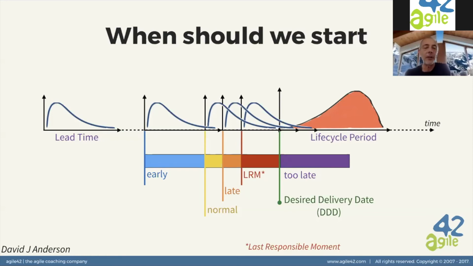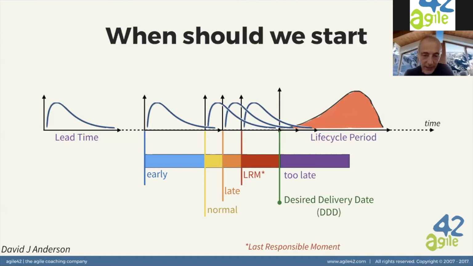In the early case, the blue one, you see a very early start, and we finish the project much earlier than the desired date. That's not a great idea. It's not so smart. We are wasting the opportunity to work on other more important stuff. A normal start would make us complete the project at the exact delivery date. But maybe we can start a bit later.